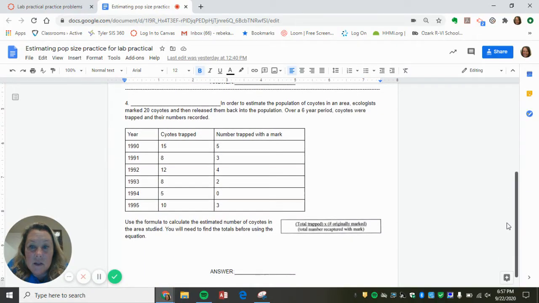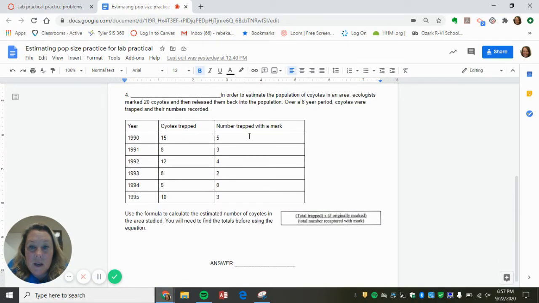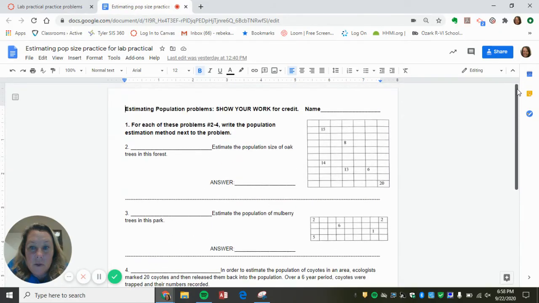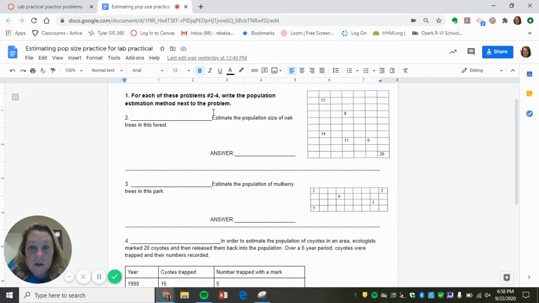And in number 4, we actually marked originally, and then we recaptured. So we marked and we recaptured. That should give you the answer for those blanks right here.